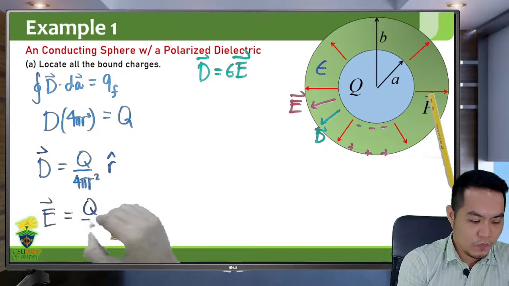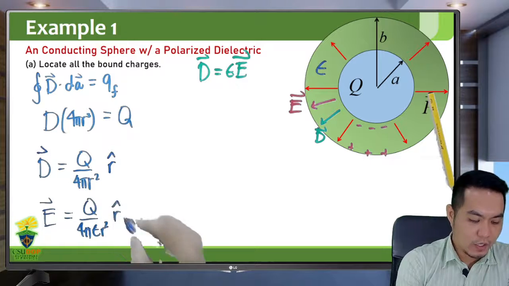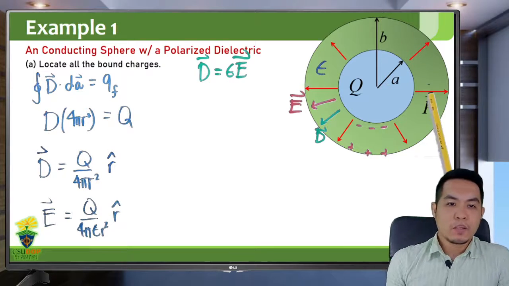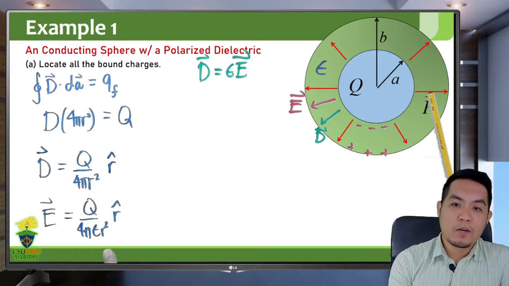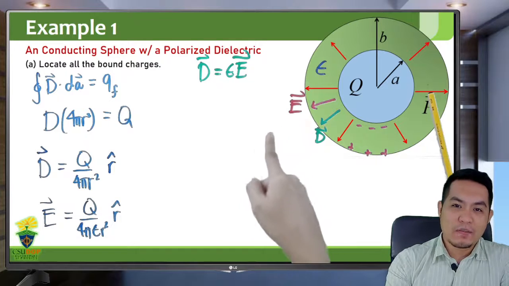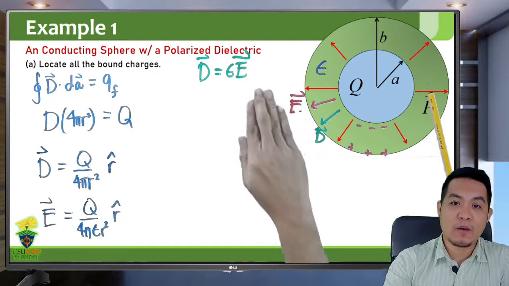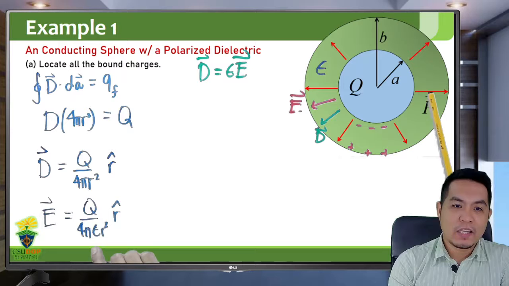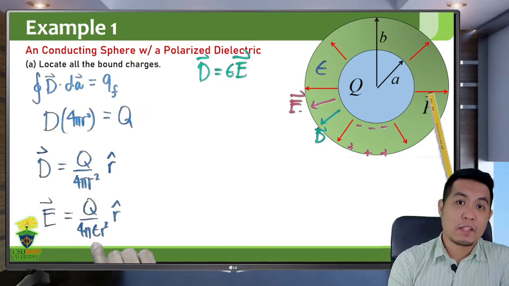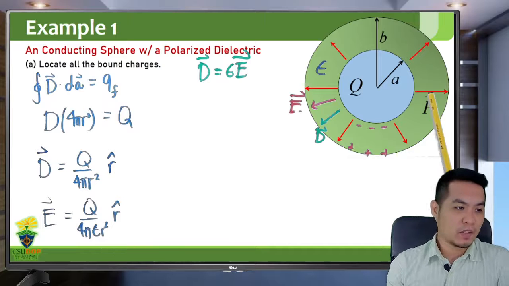So you will have Q over 4 pi epsilon r squared r hat. This is the generic form of our electric field in the dielectric region. Outside the dielectric region, the electric field will still look like this, but since this is now vacuum, the permittivity is epsilon naught, the permittivity of free space.